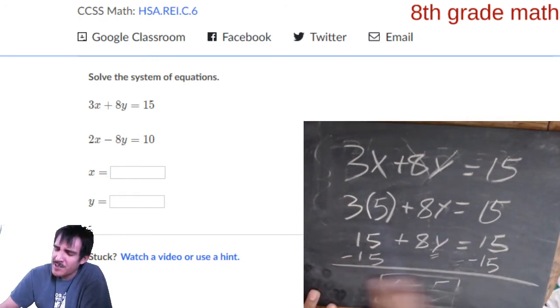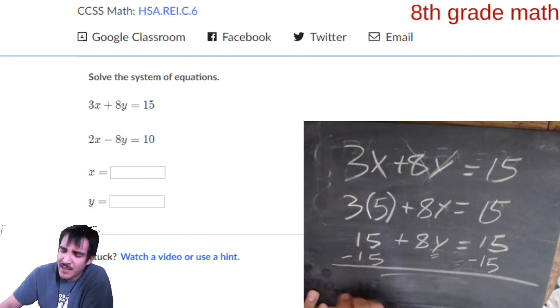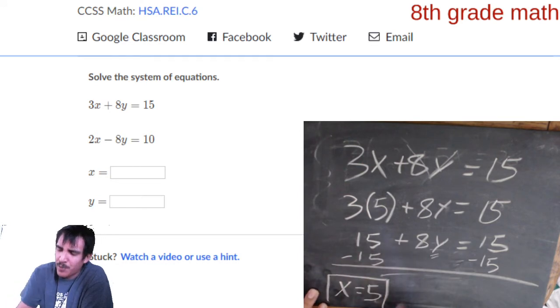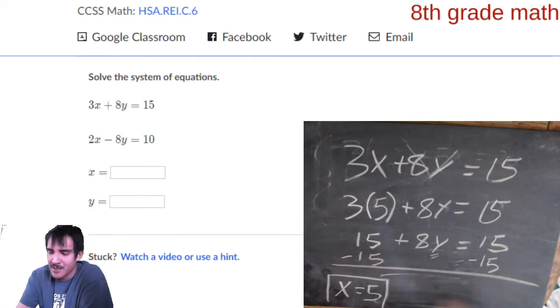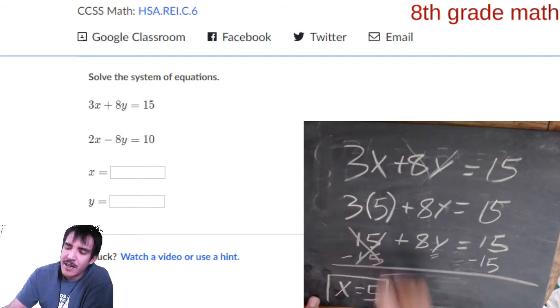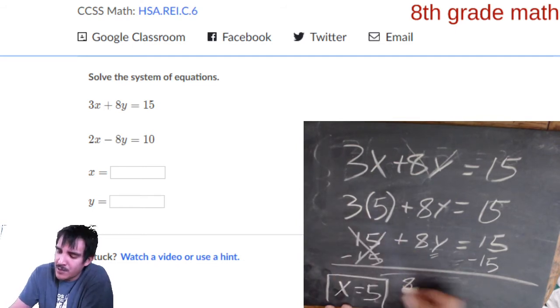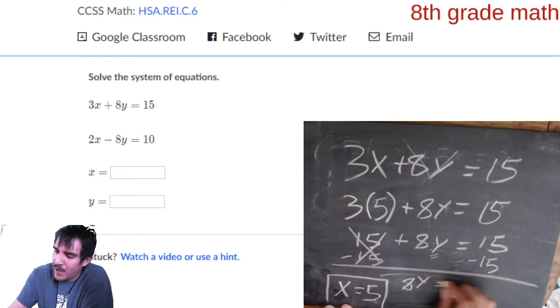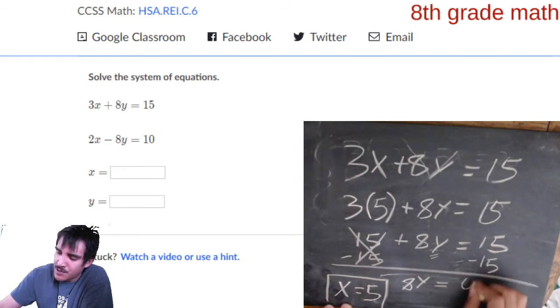I'm going to move my answer, x equals 5, off to the side because that's the answer for x, but right now we're finding the answer for y, so I got to get this stuff out of the way. So 15 minus 15, cross that out, and then just bring down all the other terms. So 8y equals 15 minus 15 equals 0.